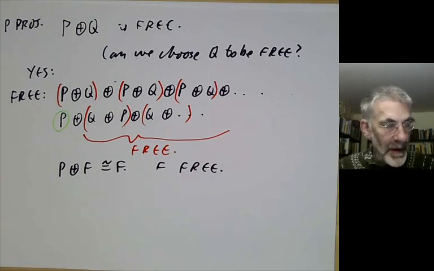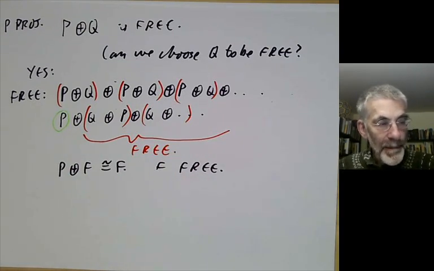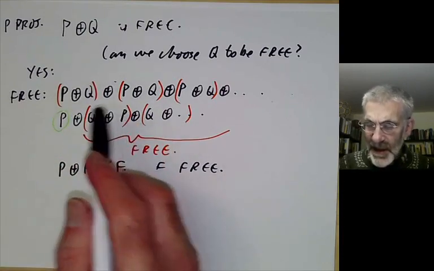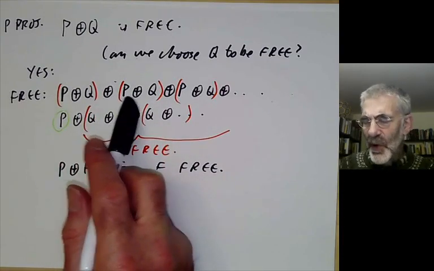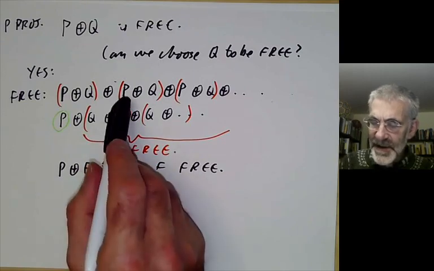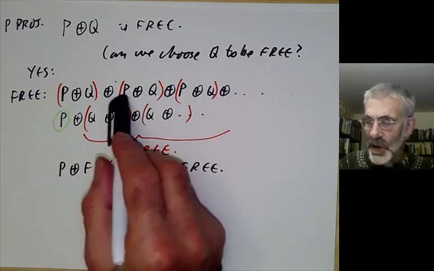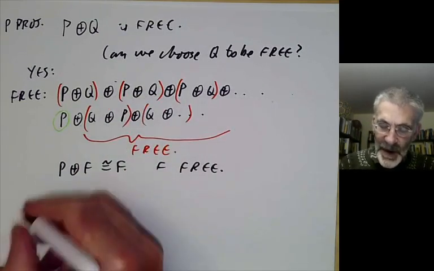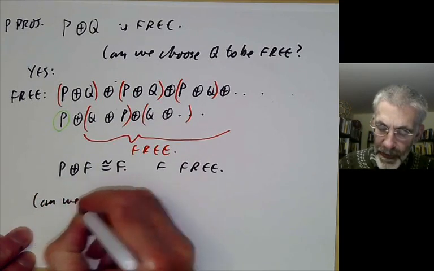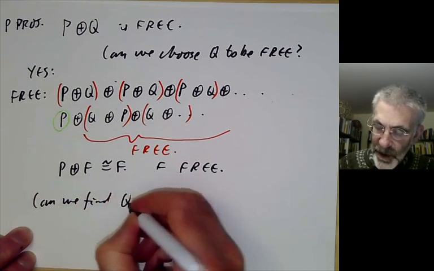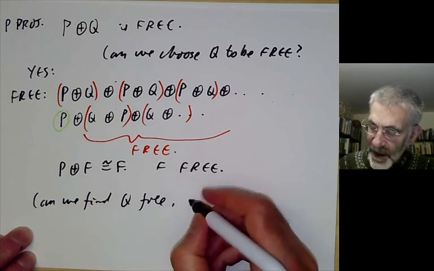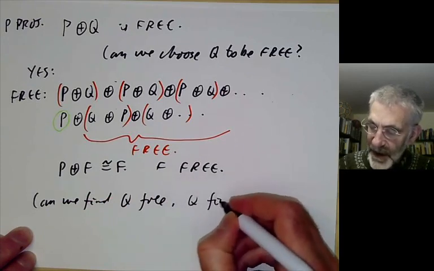The only problem with this module F is that it is definitely infinite dimensional, of infinite rank. So we can now ask, can we find Q free with Q finite dimensional?